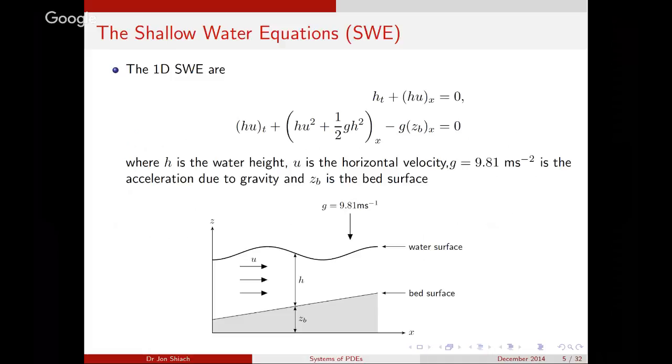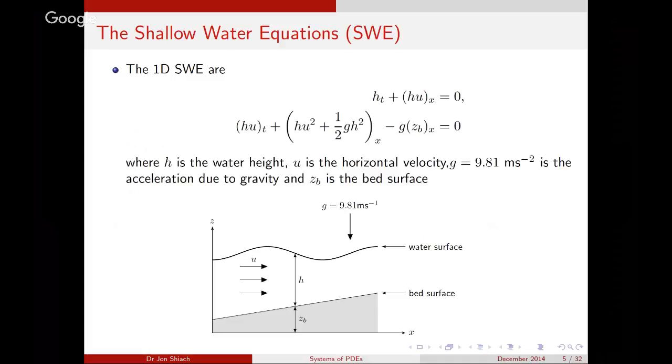h times u is momentum, that's mass times velocity. So how much water is being pushed along? The second equation is conservation of momentum, where h times u this time is what we call a conserved variable, so that's the derivative of that with respect to t. You've got this expression here.